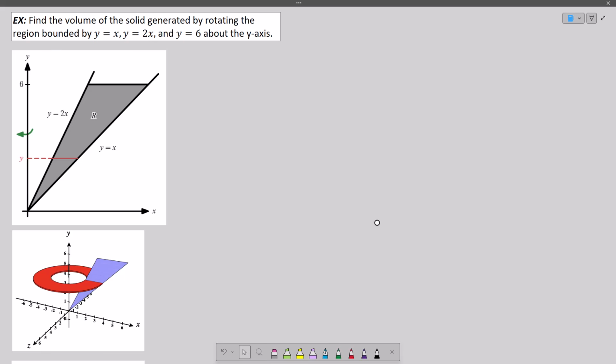It's going to rotate around the y-axis, and we're going to use a washer. The outer radius is that one. It goes to the function that's furthest from the axis of rotation. The inner radius goes to the function that's closest to the axis of rotation. So here we are going to get a bona fide washer.